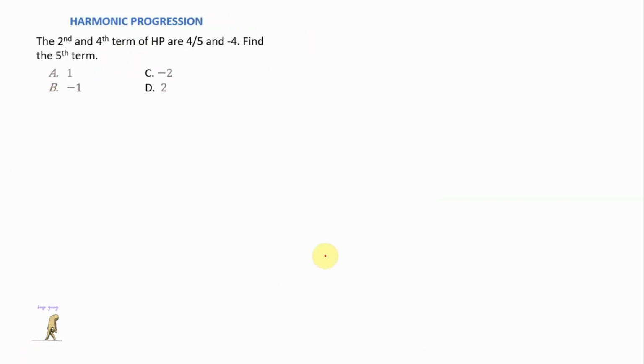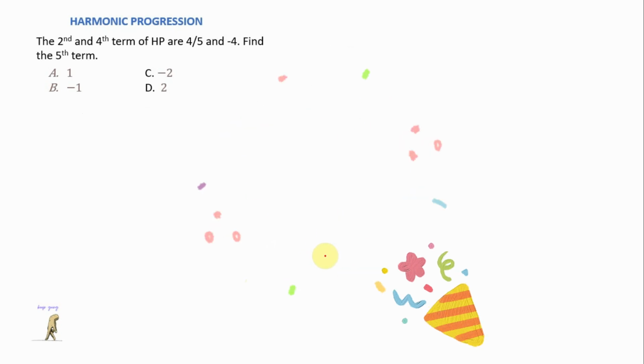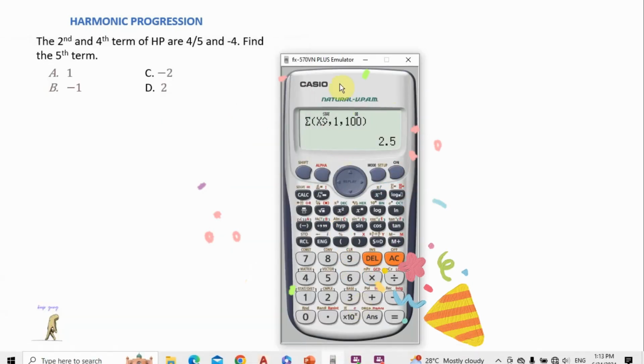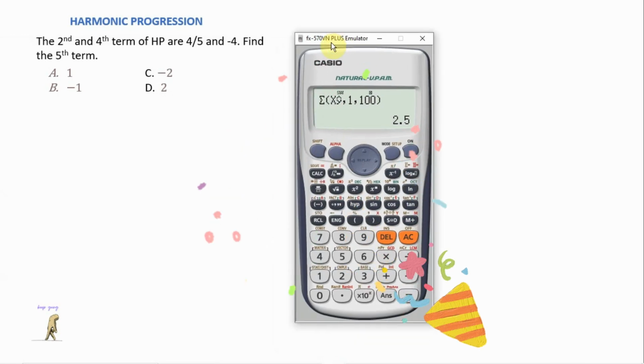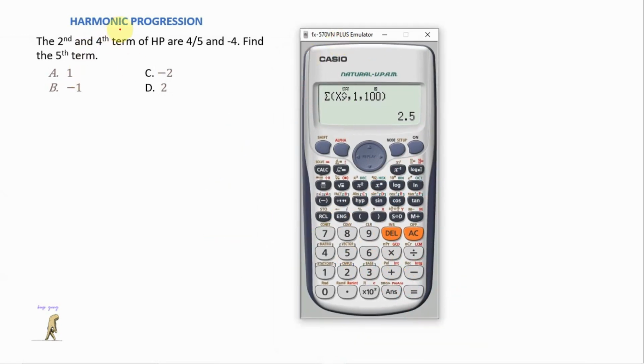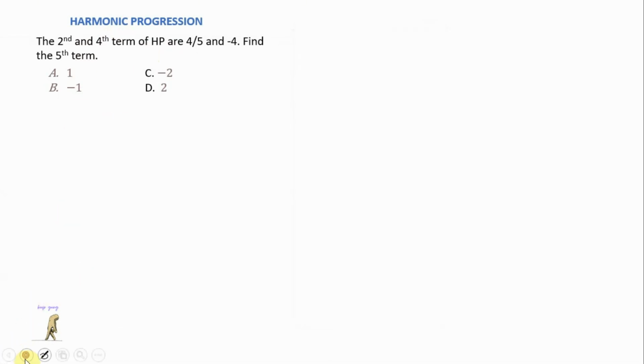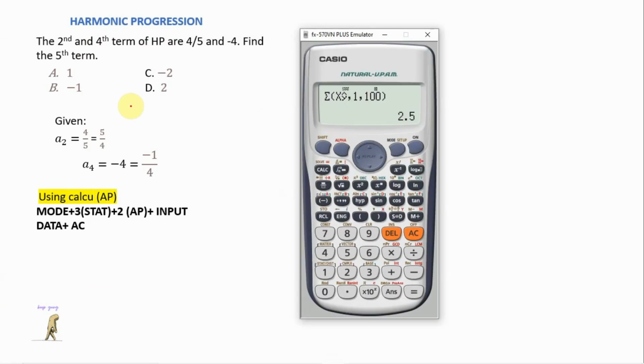Then, lastly, of course, the last but not the least, the last problem that we have is under harmonic progression. And we're going to put our data here, okay?